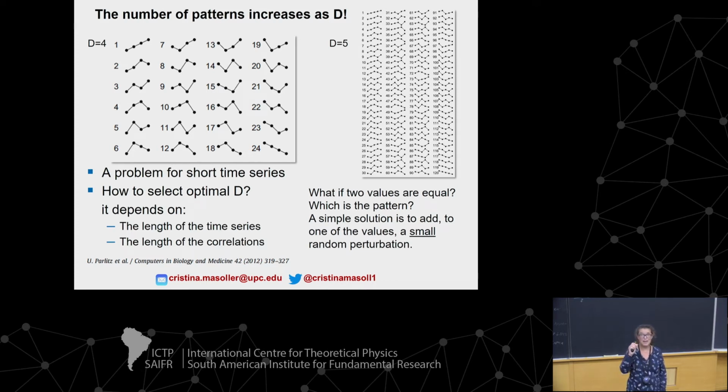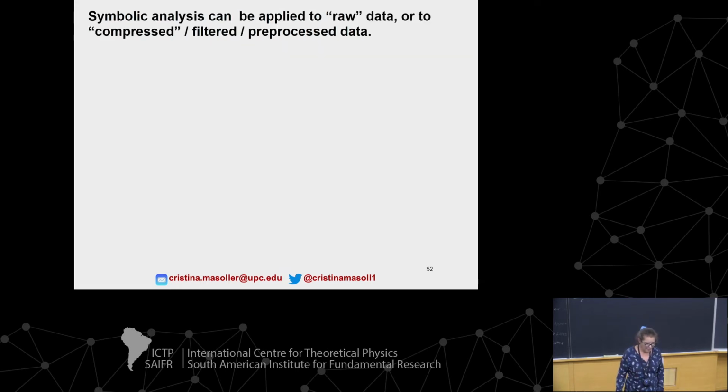Very small, tiny, just to represent that noise that is filtered out by the detection. So that's a simple way to deal with it. If I have 5, 7, 7, what would the pattern be? You can just add a random number to this last number and then see what pattern results. But that random noise is just a small noise to disentangle this.